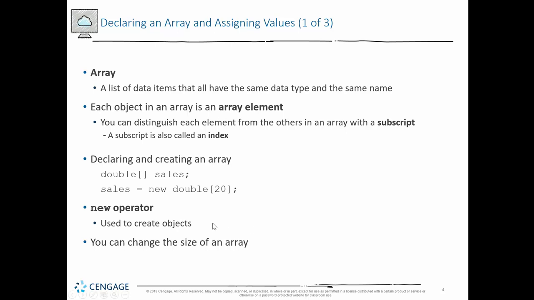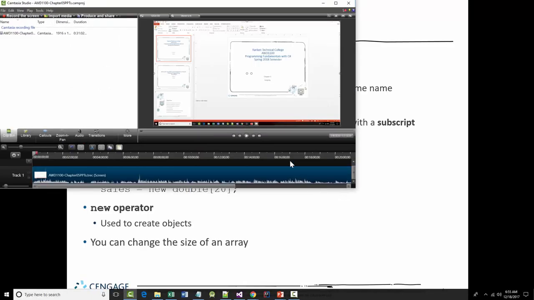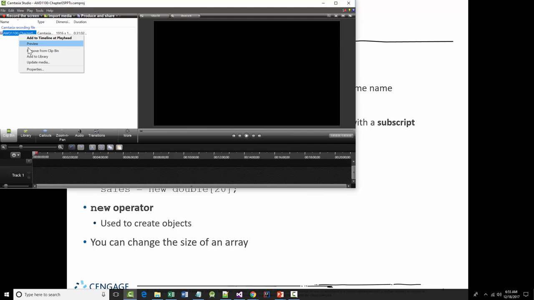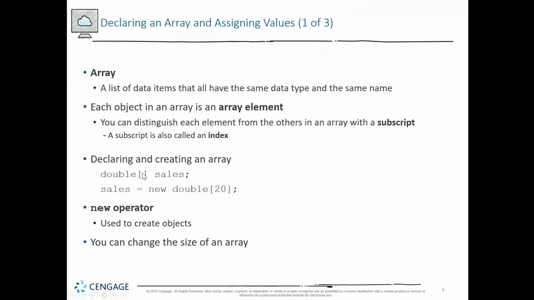All right, here's a way you can declare an array. Here they are declaring it and initializing it in 2 different lines of code. So you could say double sales, then sales equal new double 20, or we could have just said double bracket bracket sales equal new double 20.